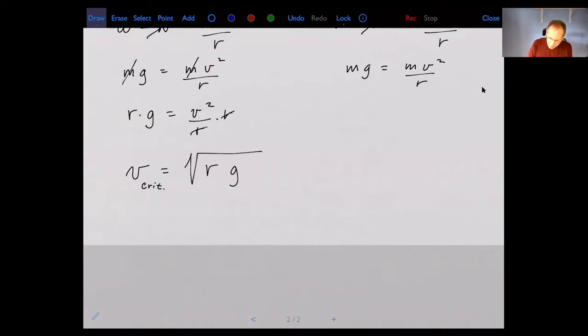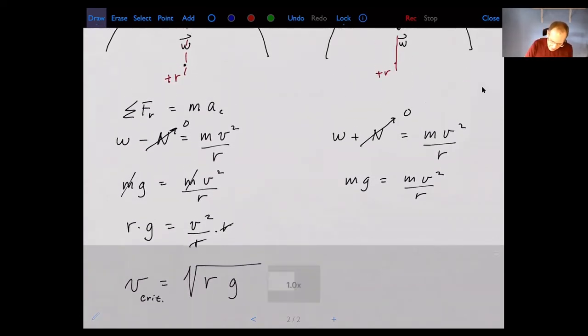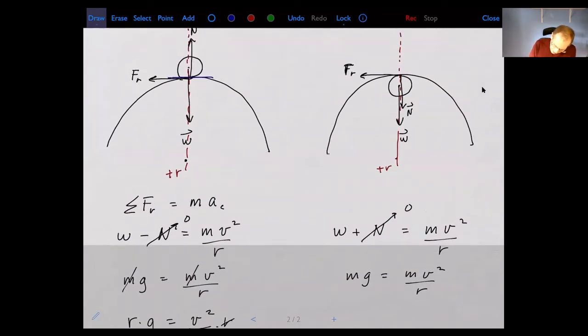And what the r refers to, if you're being careful here, is the path of the center of mass of the ball. It's that radius, this radius right here, the path of that center of mass of the ball. If I were to measure this radius, that would be the one I want.